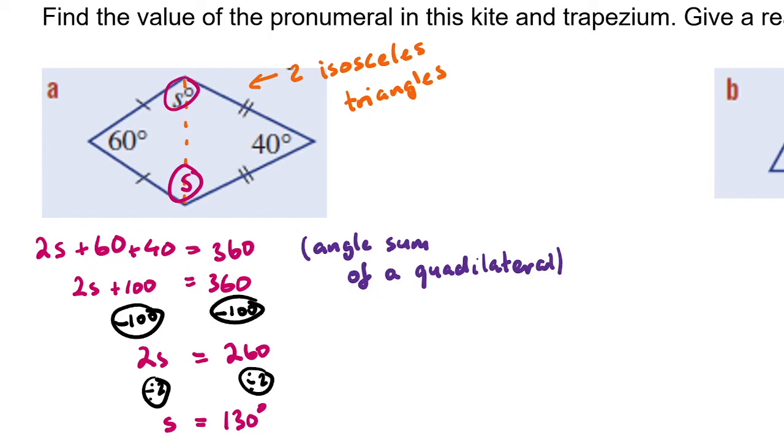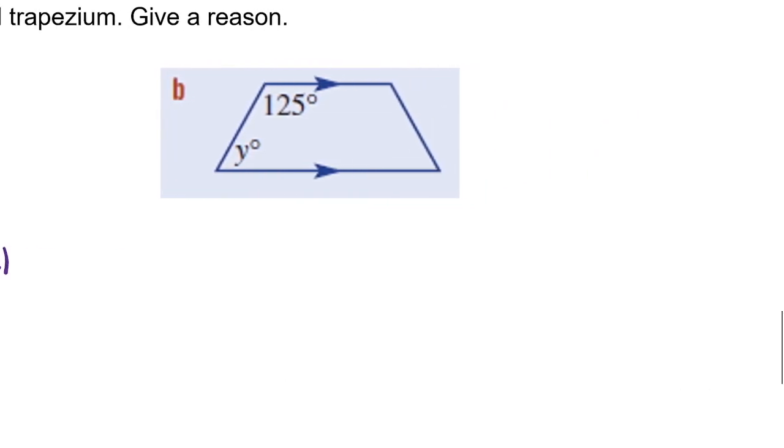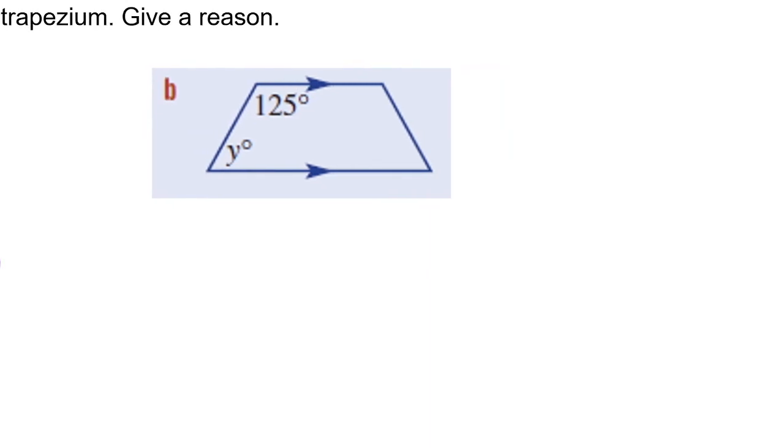Okay. Last problem. We've got a trapezium in our last problem. Alright. Remember what we said before? That when we got parallel lines, like these little puppies, we now have co-interior angles.